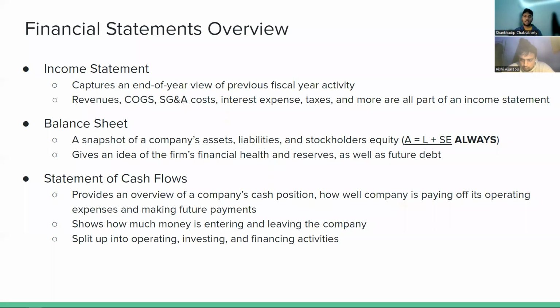So if I have a net income of $100 at the end of 2020, and I decide to pay $80 out in dividends to the stockholders of the company, my retained earnings is $20. So that's different from net income. Net income is essentially your EBITDA.